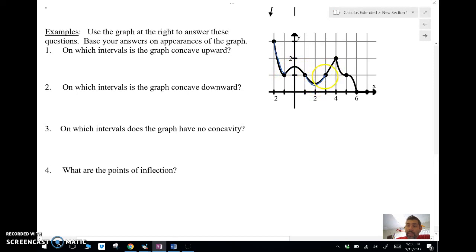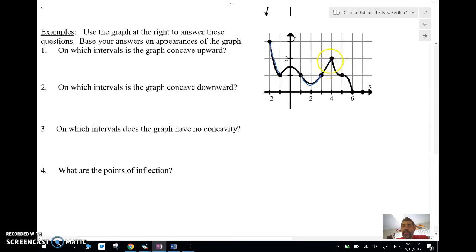Then this keeps going up, and it actually looks like a straight line, so I think this is straight. Then this is concave up, and then concave down. So concave up looks like it goes from -2 to -1, and then again from 1 to 3, and then again from 4 to 5.